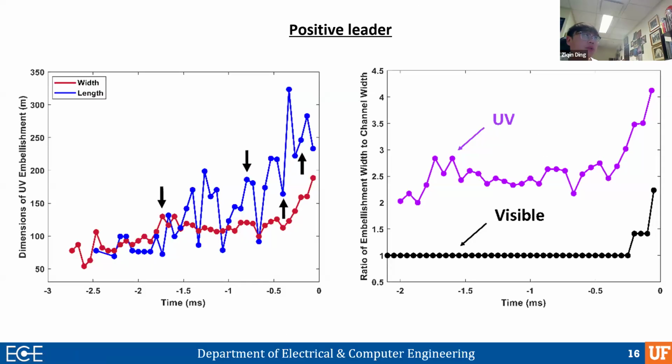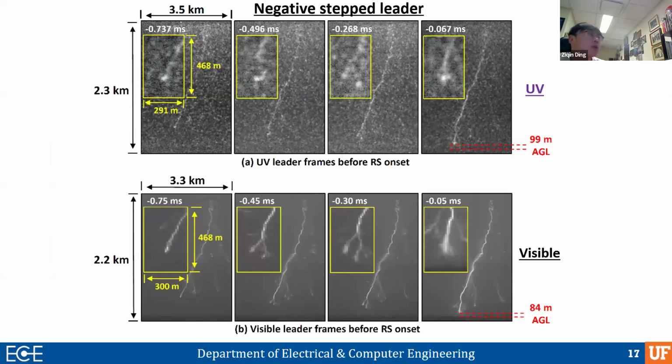Since here we measured and observed the positive leader, how will it look in the negative, right? Here we show in parallel the same format for the negative step leader. On top there are 4 UV images, and the bottom are 4 visible images.